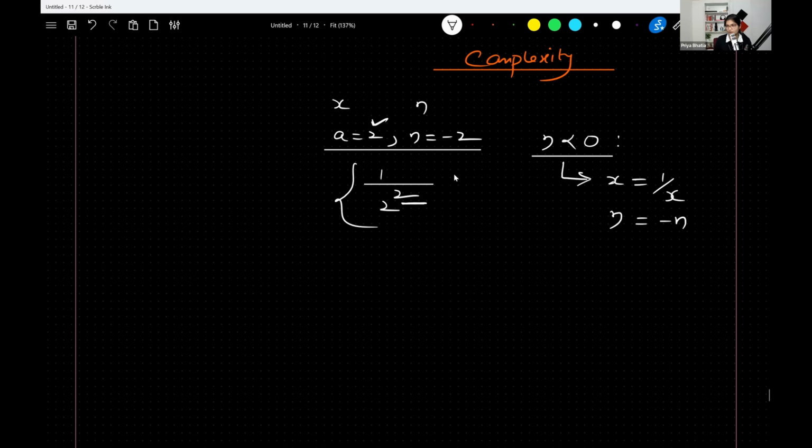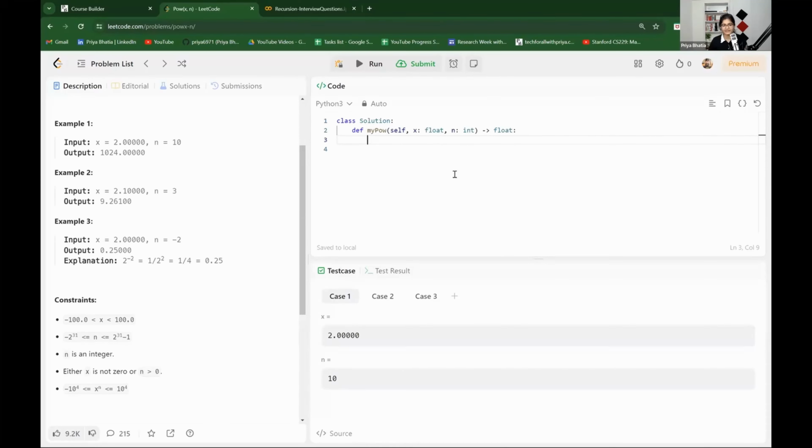And then you can simply call the function again, power of, with the same parameters, X comma N. That's it. Automatically that same process will be started. So basically, first of all, what is the base case condition again?